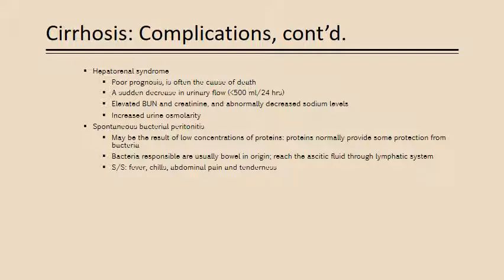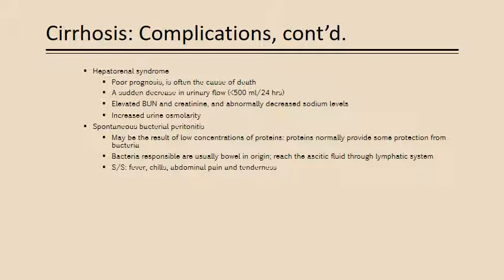And I'm pretty sure I've said it in class, if I've got good kidney function in my patient, I know we have time to deal with whatever they're dealing with. But these patients, you can see they have not much kidney function left. In labs, you'll see the elevated BUN and creatinine and abnormally decreased sodium levels. And they also have an increase in the urine osmolarity.